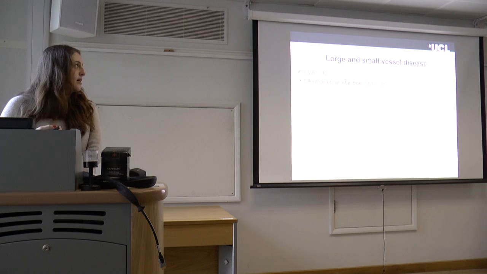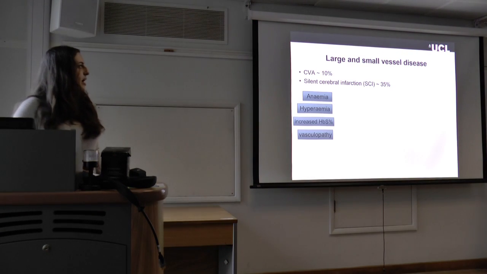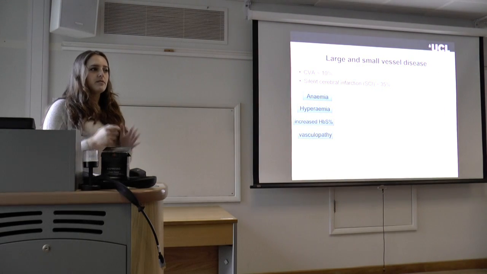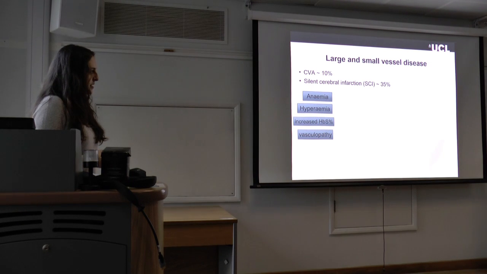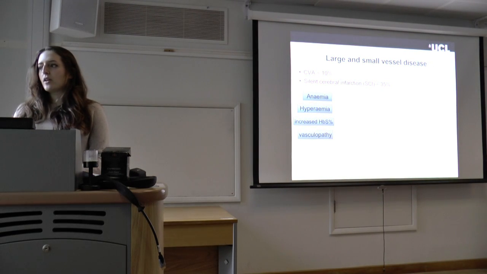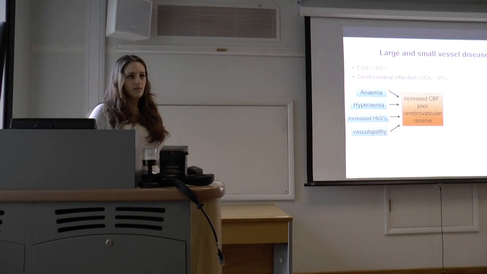But the main hypothesis of why silent cerebral infarcts occur is that you have this underlying anemia, you have hyperemia or elevated cerebral blood flow, dilation of the vessels to maintain the constant metabolic rate in response to the anemia. Increased hemoglobin S percentage and maybe some underlying vasculopathy can all lead to increased cerebral blood flow and very poor cerebrovascular reserve.